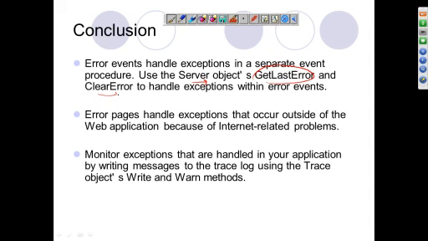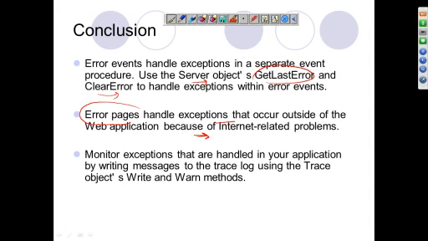You can use ClearError to clear the error and redisplay the page. Custom error pages handle exceptions that occur generally outside of the web application because of outside environmental problems like internet problems, server down, 404 errors, bad request errors. For those we use custom error pages.